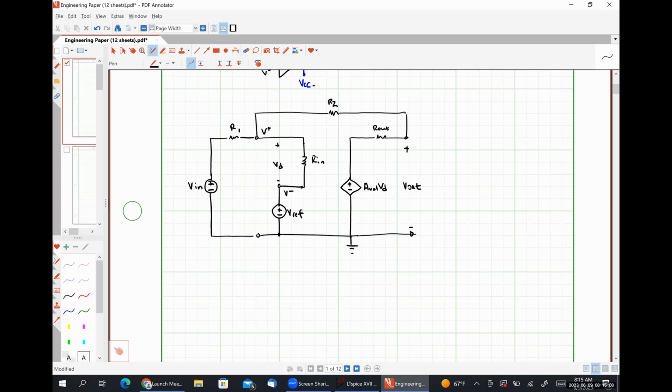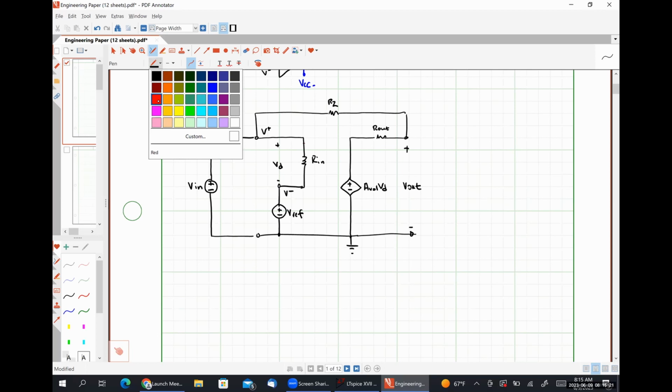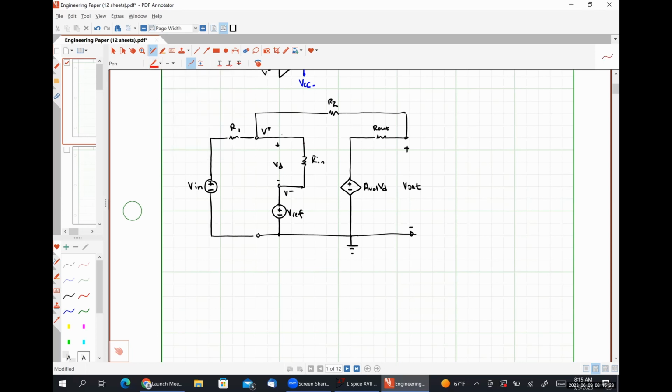Okay, so if Rn is much, much greater than the resistors R1 and R2, then I can say that the current flowing through Rn is very, very small, approximately 0 amps, right?